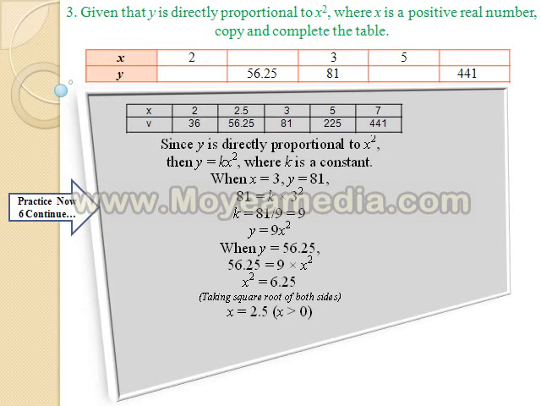In the next column we have y 56.25, and above it the blank box, which means we need to find the value of x here. And the third one, we see the complete pair is there, x is 3 and y is 81. What does it mean? This is again the same pair which will help us to find the value of the constant of proportionality k. So let's jump into the question now.